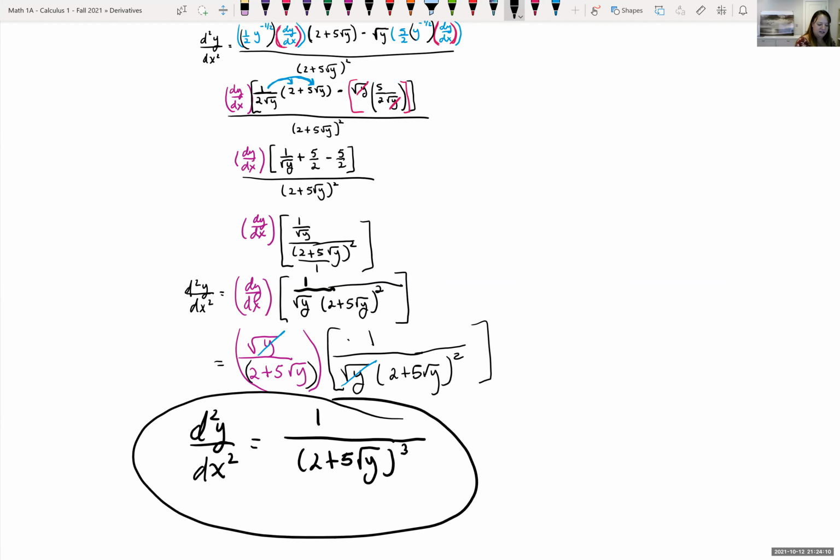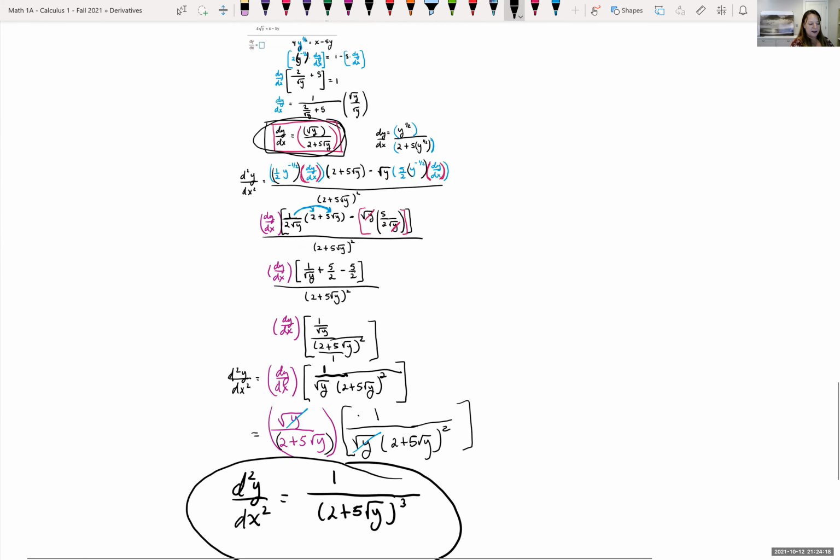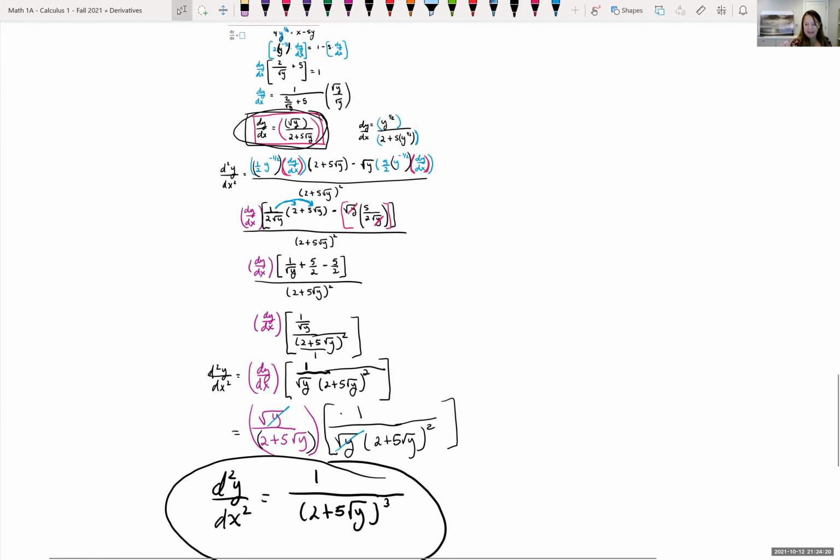And so our second derivative is the following. You had to recognize that when you find the second derivative, you need to go back in and replace what dy/dx was with the first derivative. And then also see how much you need to clean this up.